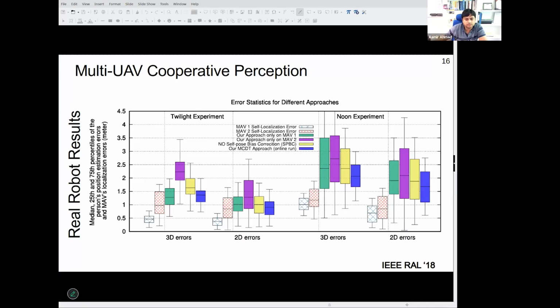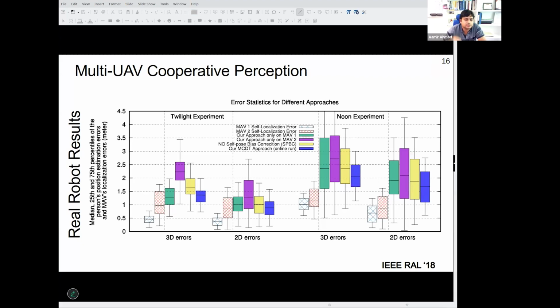Of course, this was not done online, because online the images were only processed at a certain frame rate. But offline you can do it using the bags that were collected, right? And in blue boxes is our full cooperative perception approach, and also in yellow, right?